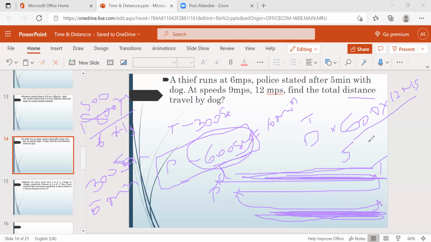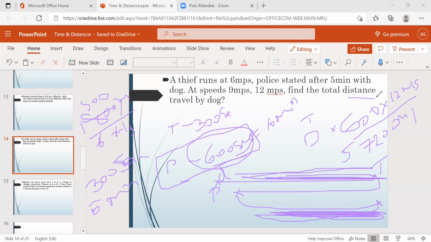So dog will run 720, sorry, 7200. Time into speed, right?